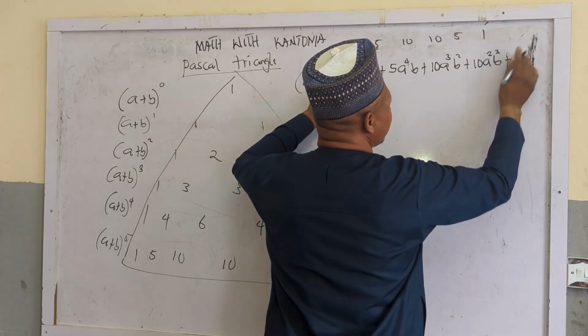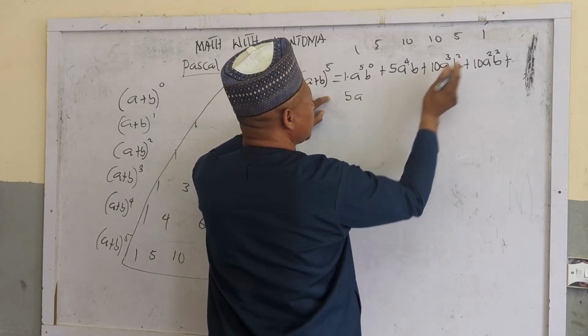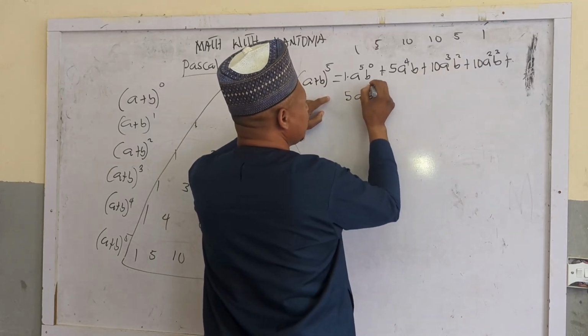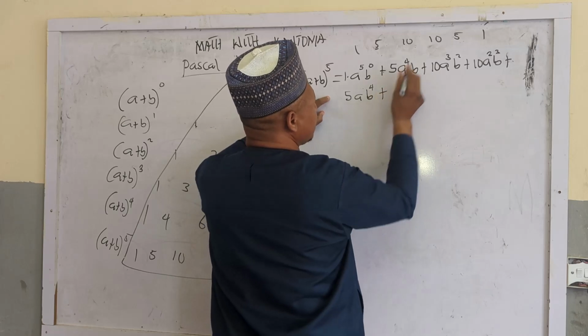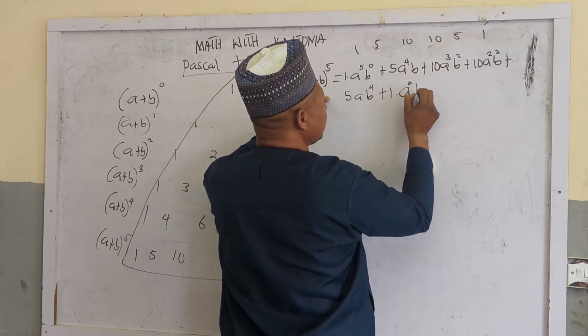Then I'll have a raised to the power of 1, and b raised to the power of 4. Plus the last coefficient, which is 1, times a raised to the power of 0, b raised to the power of 5.